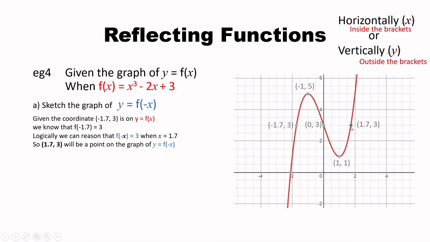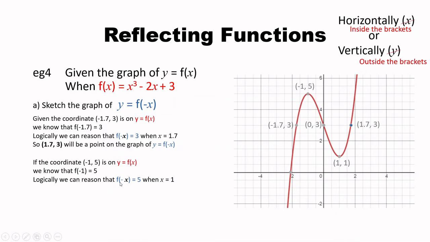Now you already see this point plotted here, but remember that I plotted this point now by using this coordinate point and transforming it over to here. Let's try another point. If x is equal to -1, y is equal to 5. That's this point up here. That's a point on my y equals f of x curve. So if I know that when I put -1 into function f, I get an output of 5, I should be able to reason that f of -x would be equal to 5 when I put 1 into that transformed function.